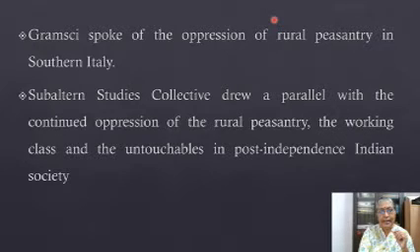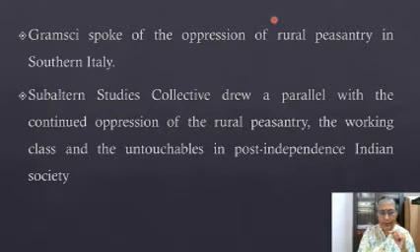It is in that sense he used the term subaltern in his book. Subaltern Studies Collective drew a parallel with the continued oppression of the rural peasantry, the working class, and the untouchables in post independence Indian society.